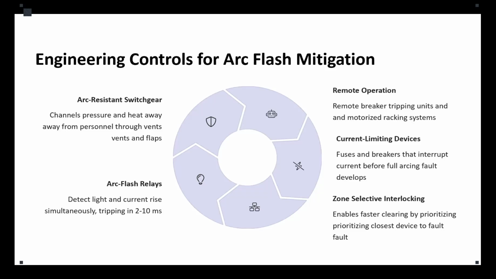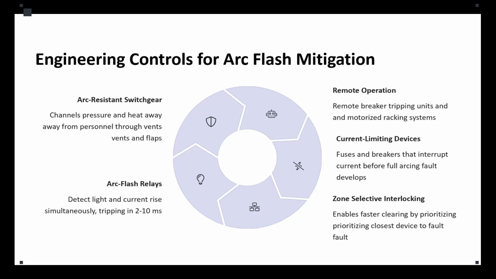Another one is zone selective interlocking. It is a communication scheme between the protective relays or the breakers that allows faster fault clearance in the zone that is closest to the fault.